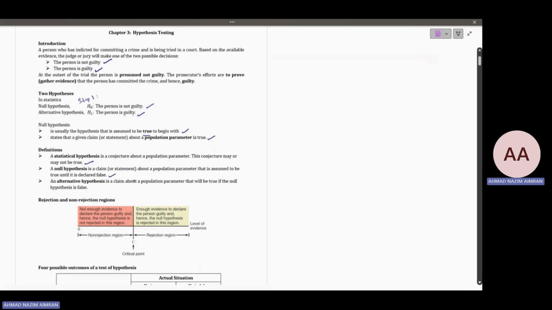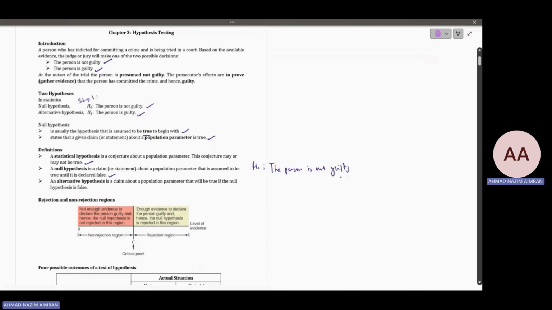it is declared false. So now, let's say we have a null hypothesis earlier, and the hypothesis is the person is not guilty.